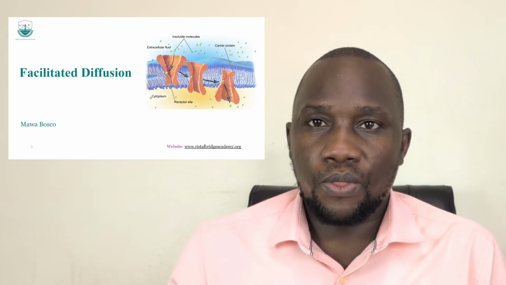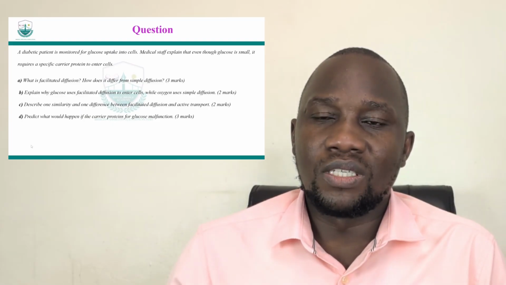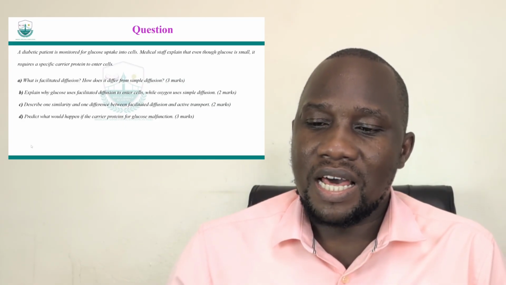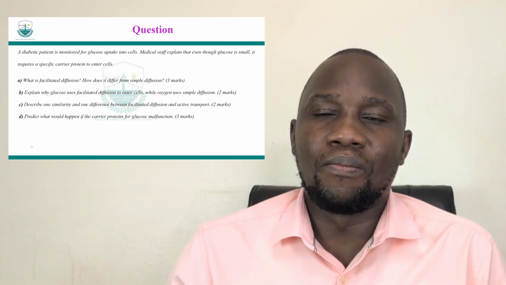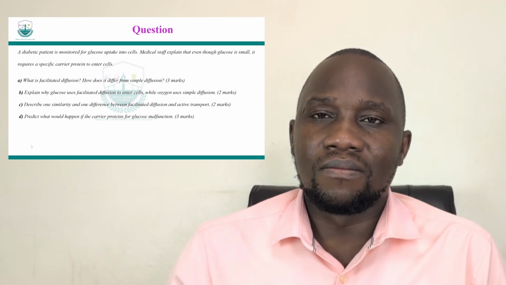So we look at this scenario. You have a diabetic patient who is being monitored for glucose uptake into the cells. Medical staff explain that even though glucose is small, it requires a specific carrier protein to enter the cells.